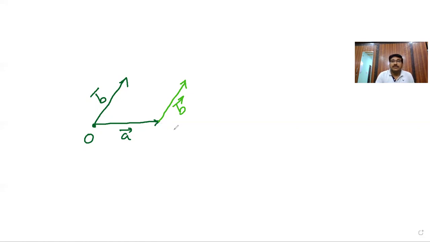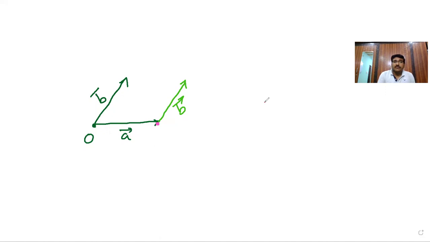What was the concept of triangle law? Triangle law, we have taken a note that whenever we want to add, to the head of the first vector, the tail of the second vector is added. What we have done here? Observe carefully.